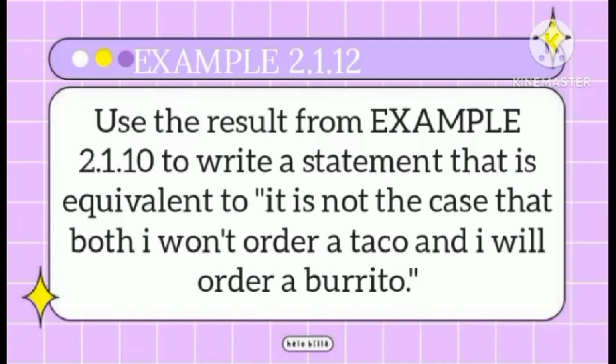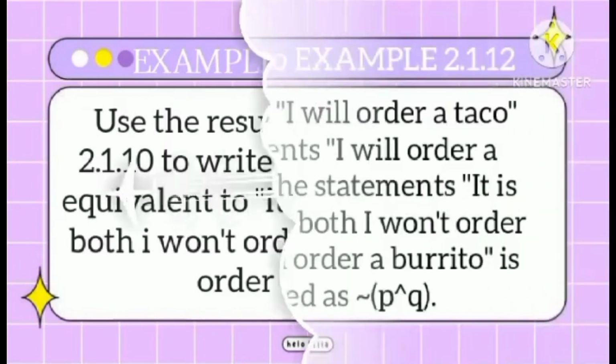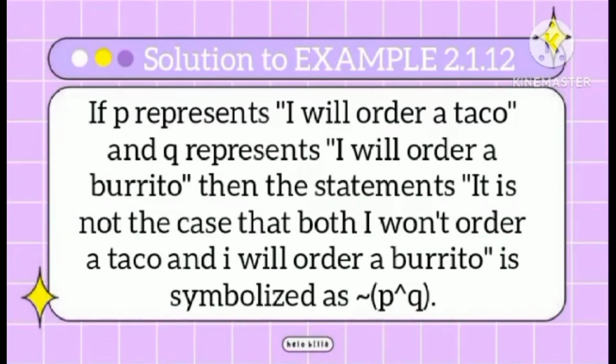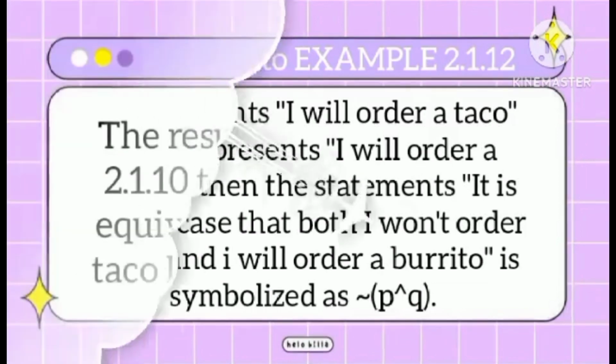It is not the case that both I won't order a taco and I will order a burrito. Solution to example 2.1.12: if P represents I will order a taco and Q represents I will order a burrito, then the statement, it is not the case that both I won't order a taco and I will order a burrito, is symbolized as ~(~P and Q).